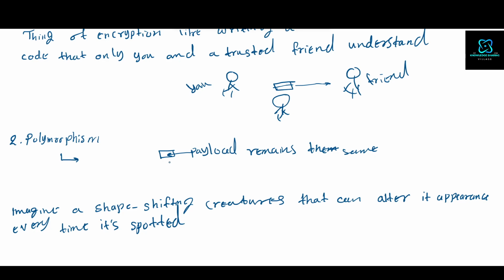We had the payload, which causes the damage. Then we have vectors. Do you remember the other one? Honestly, I forgot. Obfuscation technique.